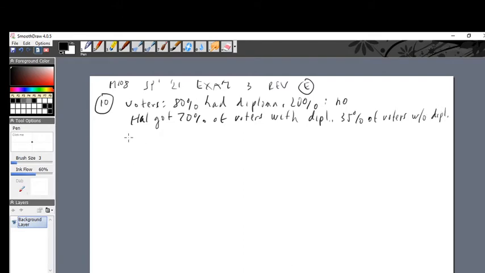Okay. Let's set up that D is the event that a random voter had a diploma, and D prime is that the voter didn't have a diploma.